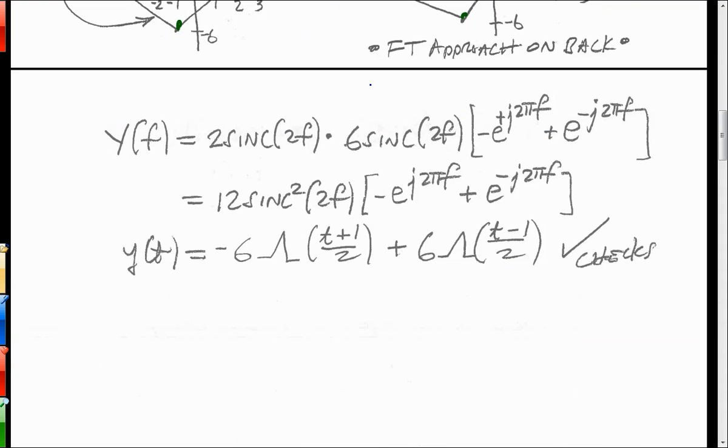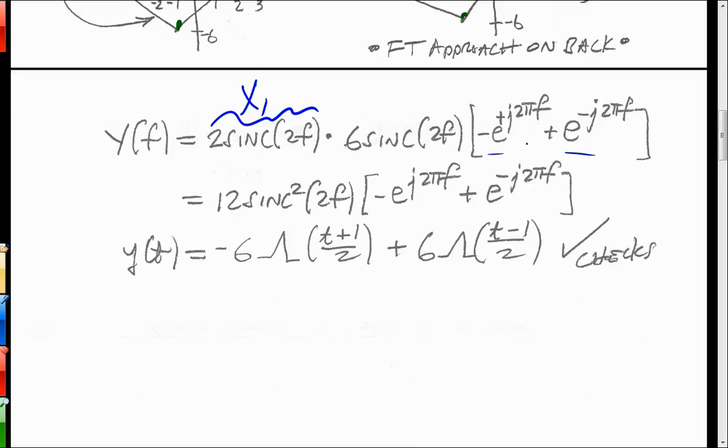So that's what I do down here. I have the 2 sinc 2f, that's the X1, and then the 2 pulses, each pulse gives me a 6 sinc 2f, and then again from the delay theorem, just like in the first problem, there's an e to the plus j and an e to the minus j standing out there.